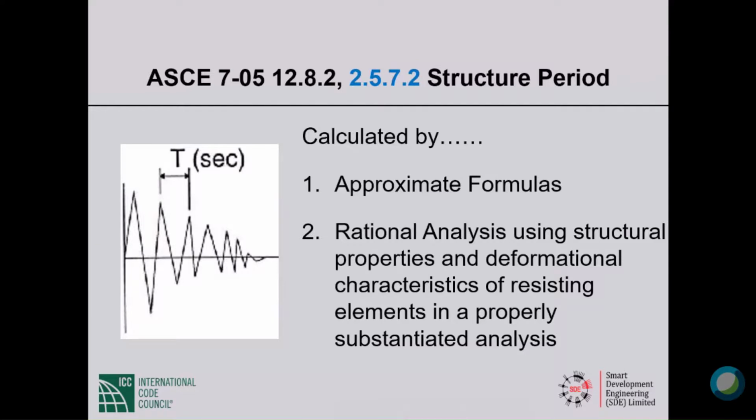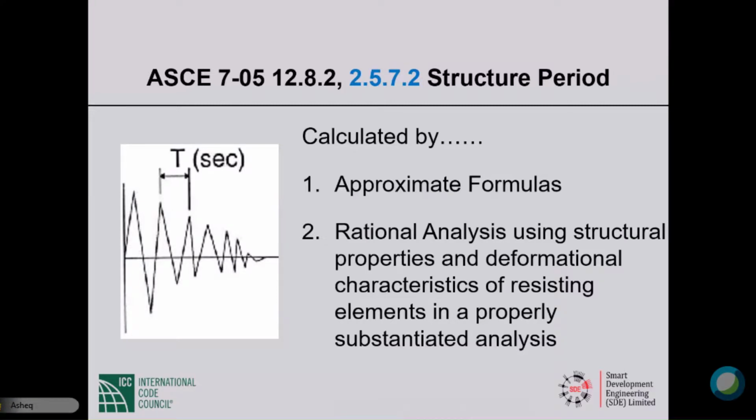To start with, before we have designed our building, we do not know the mass and the stiffness. So we cannot calculate period, and without period, we cannot calculate the seismic forces. So it is the classic chicken and the egg situation. Which comes first?